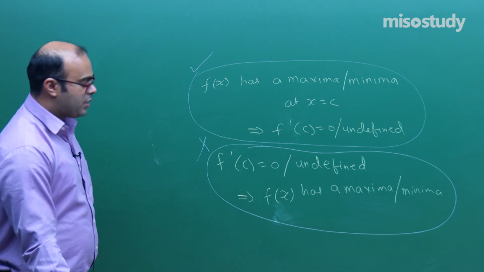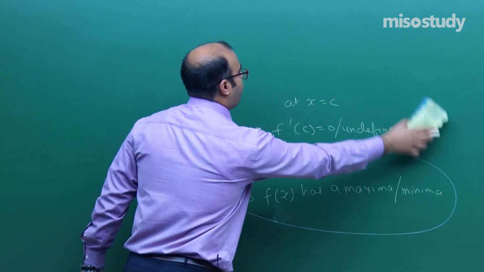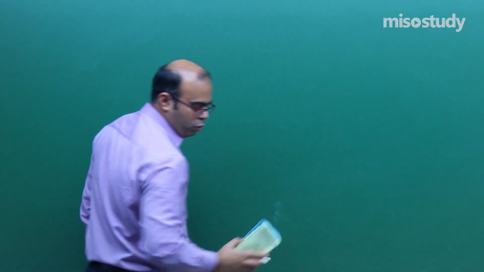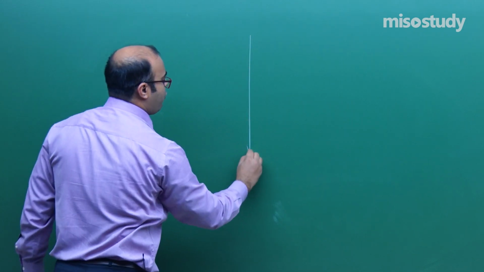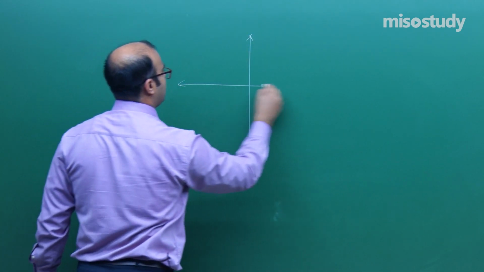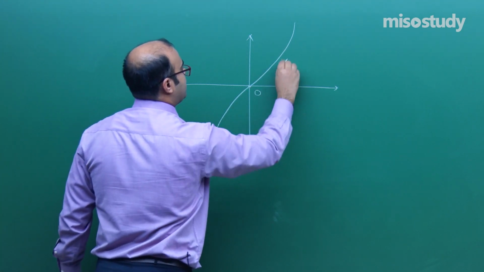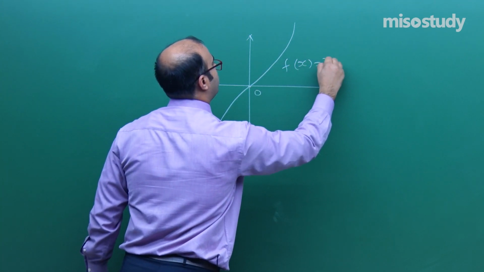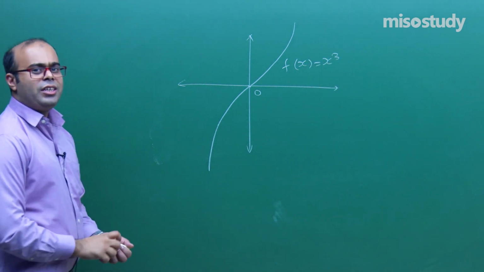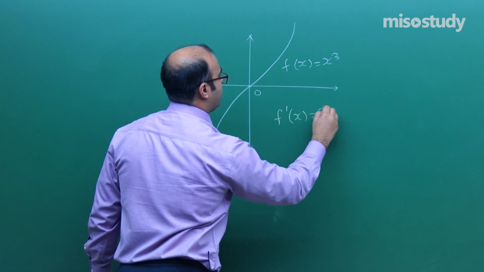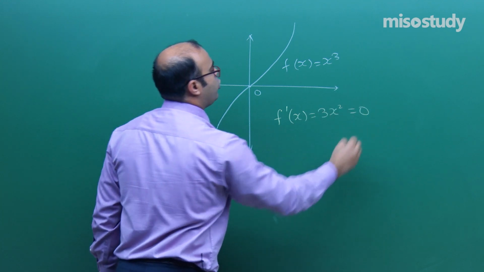Let us give you an example here. You all know the function f(x) is equal to x cube. It is the simplest cubic function. What is the graph of f(x) is equal to x cube, students? This is the graph. It passes through the origin. Now, if you differentiate, f dash x will become 3x square, and you equate it to 0.